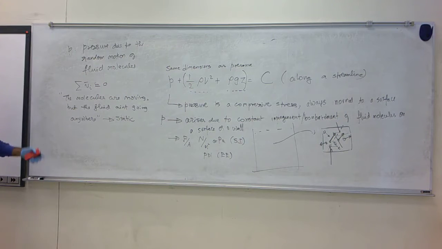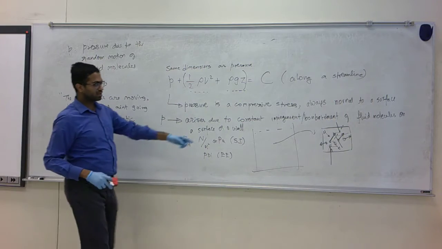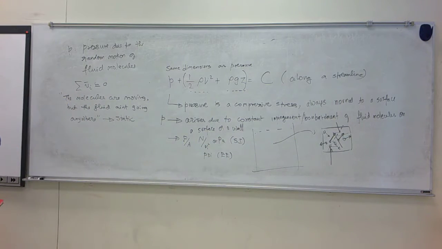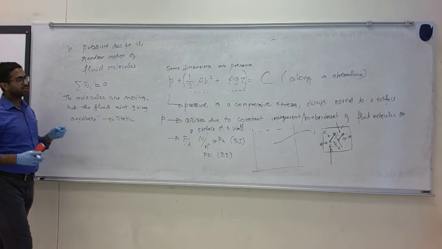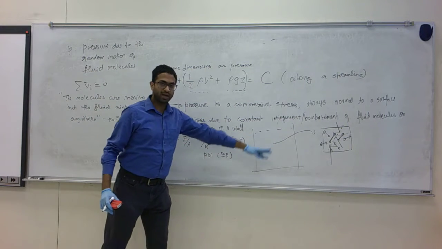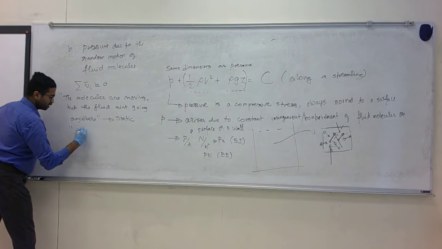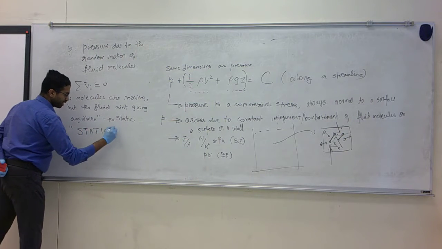The whole collection of the molecules is static, but the molecules are always randomly jostling around with velocities that add up to zero approximately. As a result, the pressure exerted by a fluid at rest, or the pressure exerted by the molecules due to their random motion, is called static pressure.